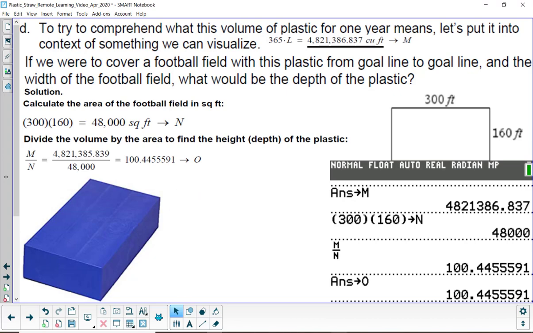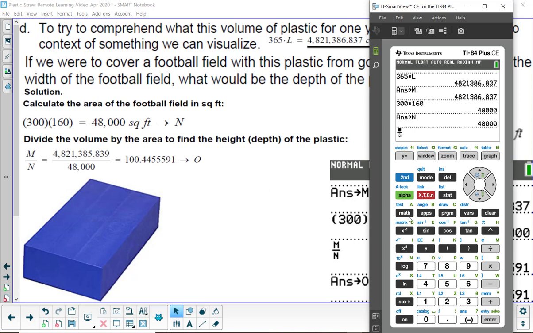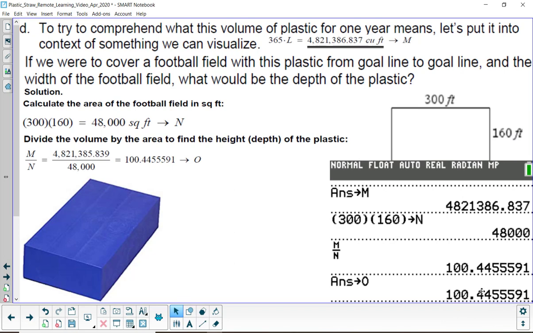So let's again bring up the fraction template, and that's going to be alpha division divided by alpha log, which is N, and I'll store that into the letter O, which is alpha 7. And that would be in feet, almost 100.5 feet.